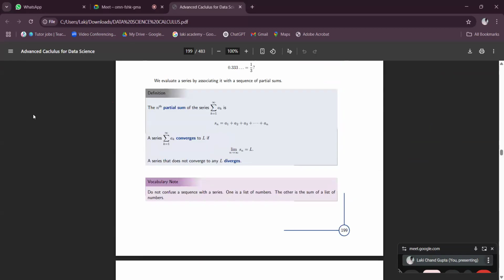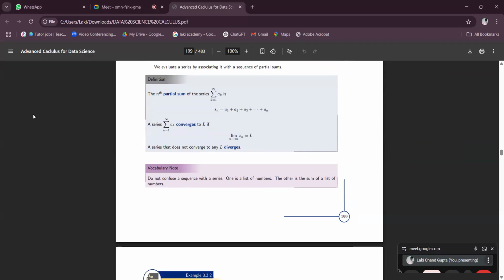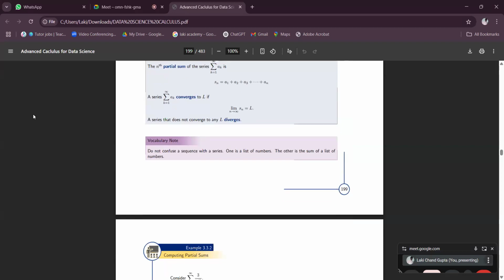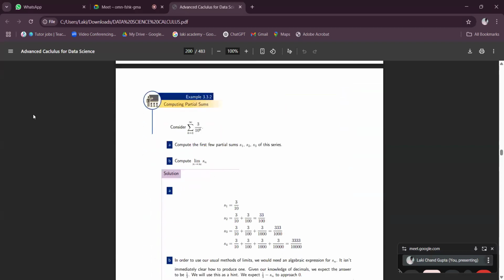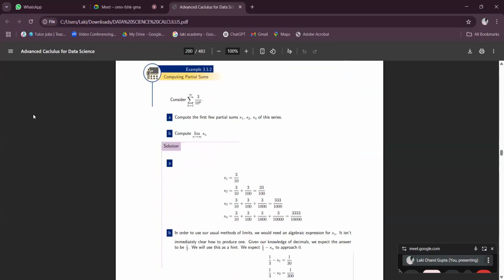So you know the limit of any sequence. If constant, then it is convergent. See, compute the first few partial sums S1, S2, S3. Okay.